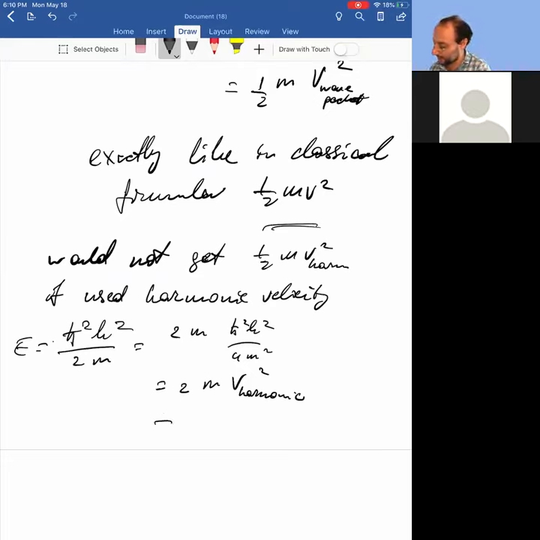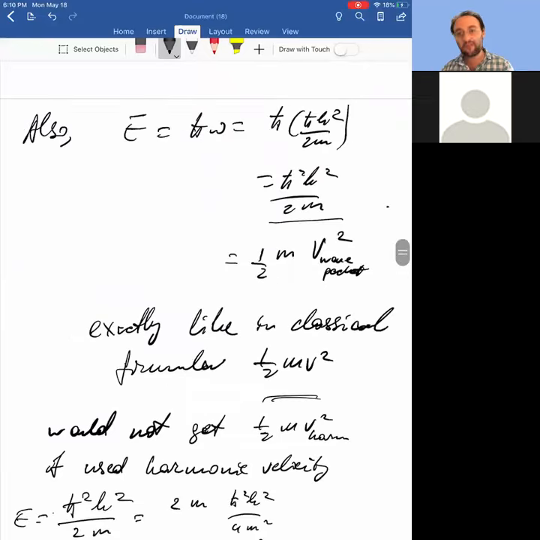So this does not equal 1/2 m v harmonic squared. And that again supports that the wave packet velocity is what matches up to the classical velocity, because the expression looks just like the classical expression, while the harmonic velocity does not match up to the classical velocity.